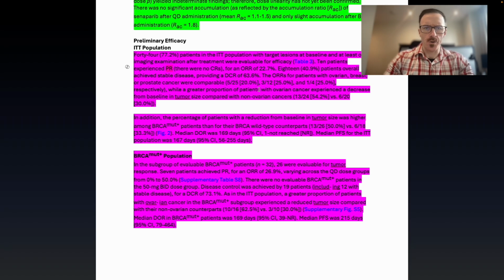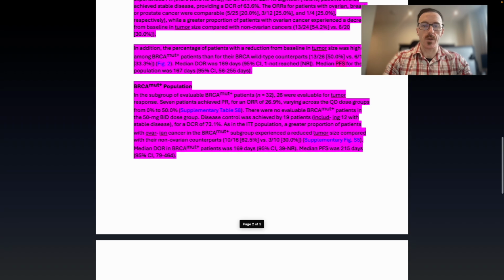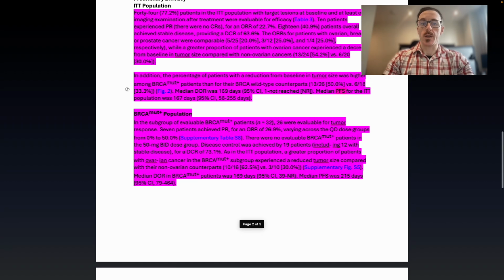The DOR, the duration of response, and PFS, progression-free survival, are also both key outcomes in oncology studies, and these are also assessed. Again, use your study protocol, your SAP, the statistical analysis plan, data source tables, and clinical study report to guide how these should be reported.